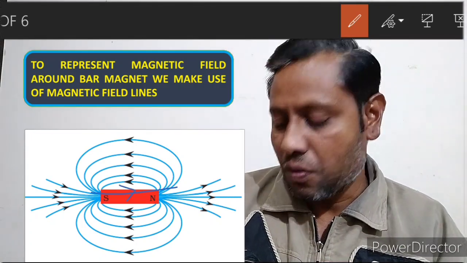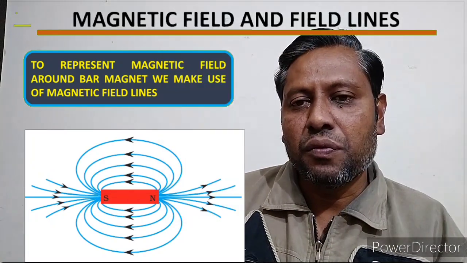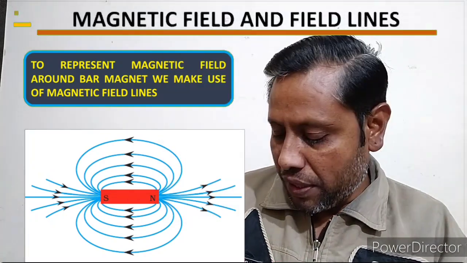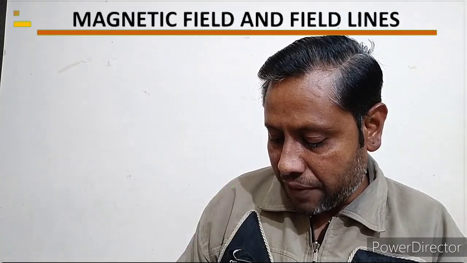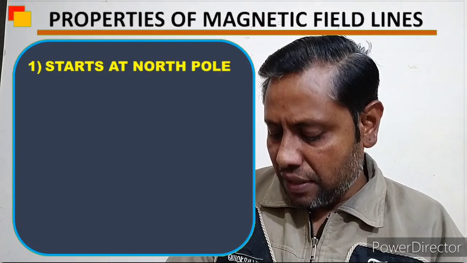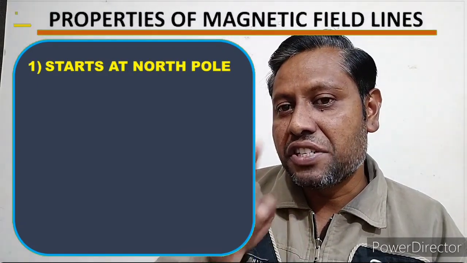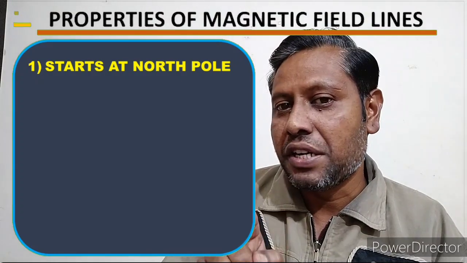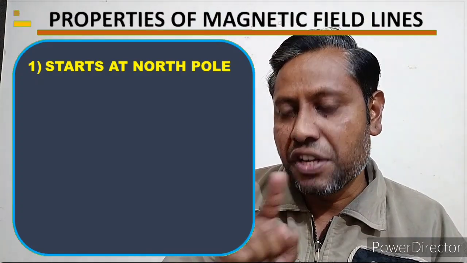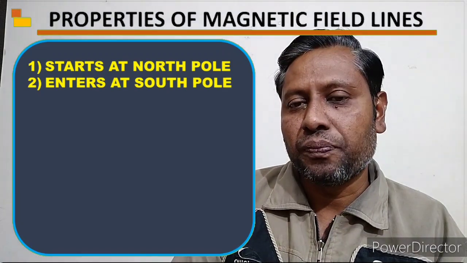So in a nutshell, we will now introduce the properties of magnetic field lines. The first, as I have told you, is that it starts at north and reaches at south. I am not saying terminating, or that it is finished. Second, it enters at the South Pole.